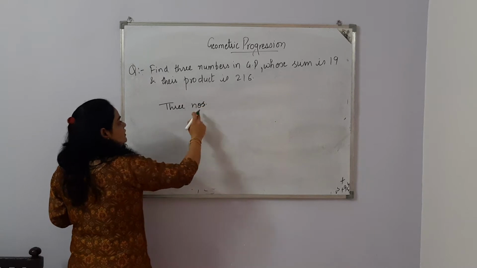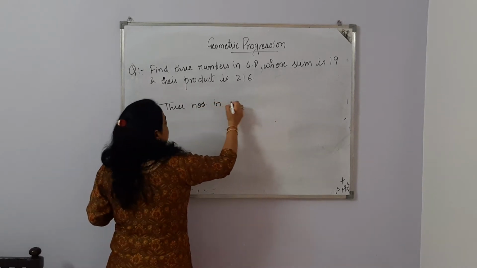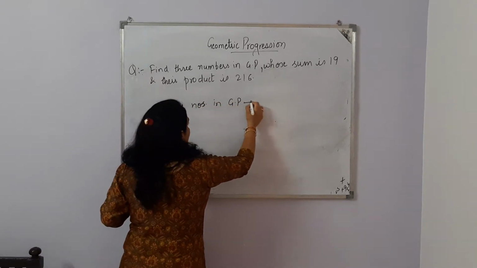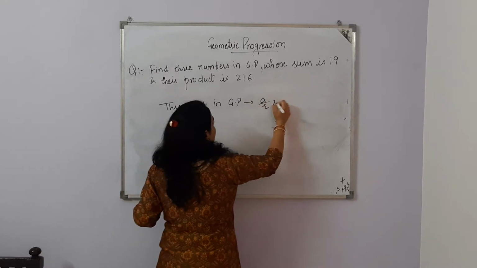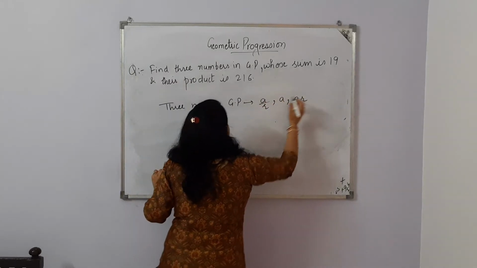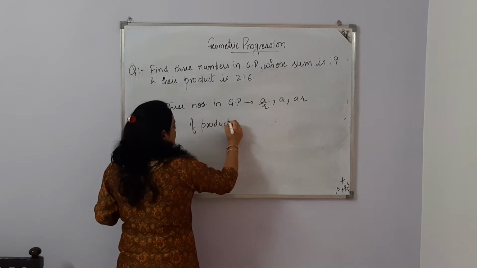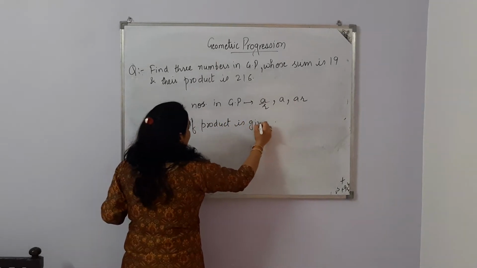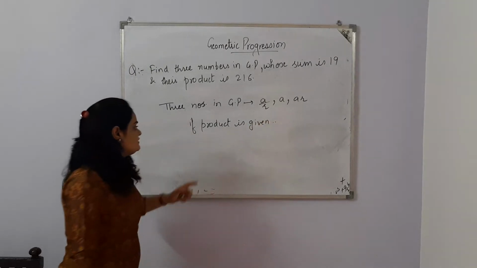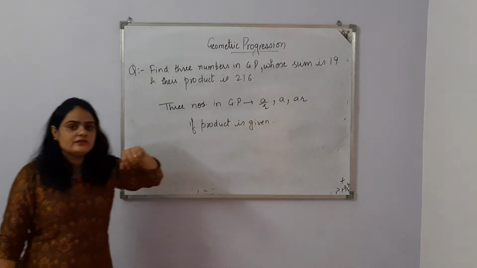Nos is a short form of numbers. Three numbers in GP, then you need to take A by R, A and AR if the product is given. Why am I taking this condition, that if the product is given, then take these three numbers?